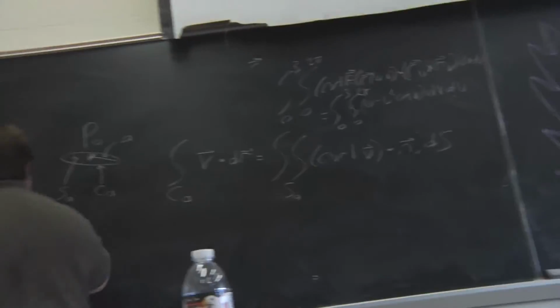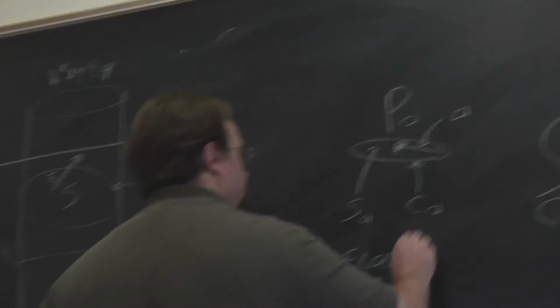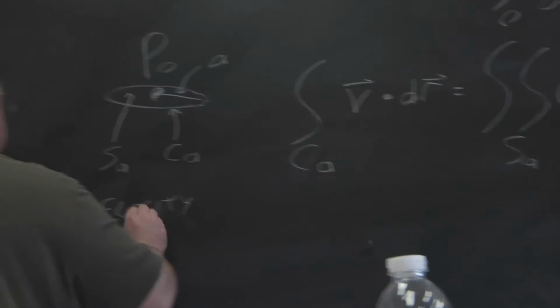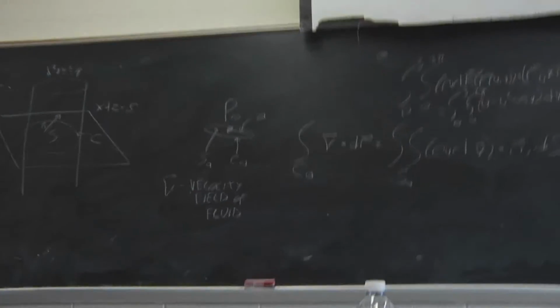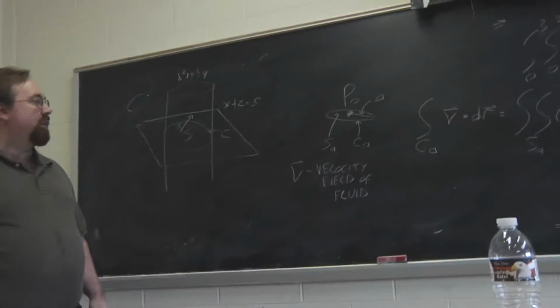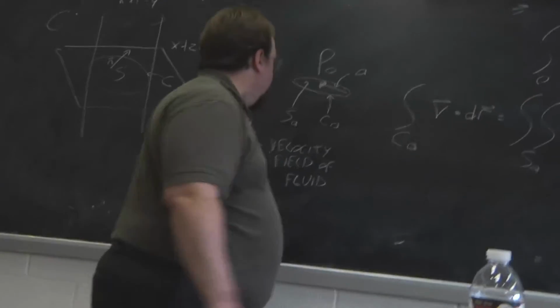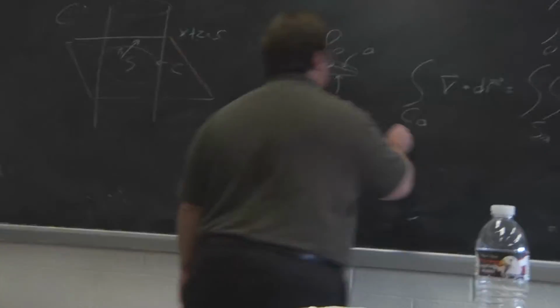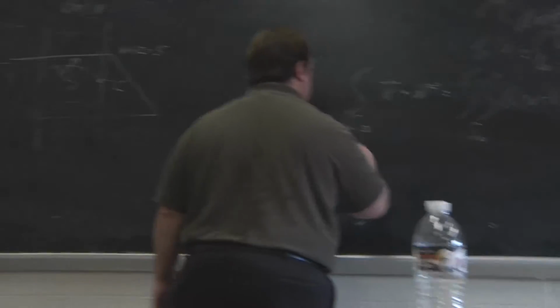Now, let's assume that V is a velocity field of a fluid. And then what we'll do is we'll let this radius a go to 0.